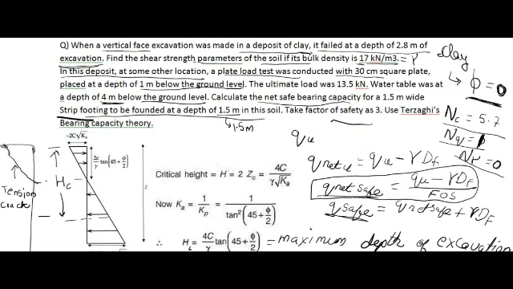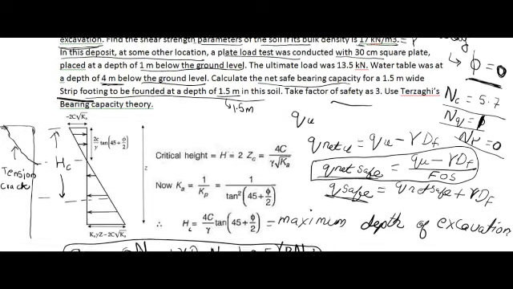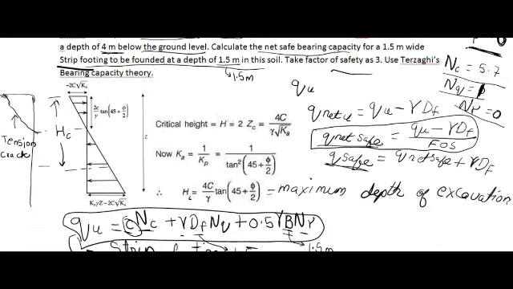So whenever a clay soil is excavated, there is a certain safe height up to which we can excavate, that is considered as Hc. As you can see, the clay soil can be excavated up to a certain height vertically without giving any lateral support.